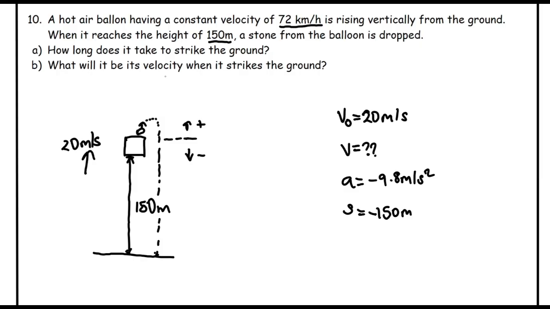Okay, based on this information, and we're also looking for time. We don't know time. It's the one we're looking for in question A. So based on all this information that we have, which kinematics equation would be best to find the time?